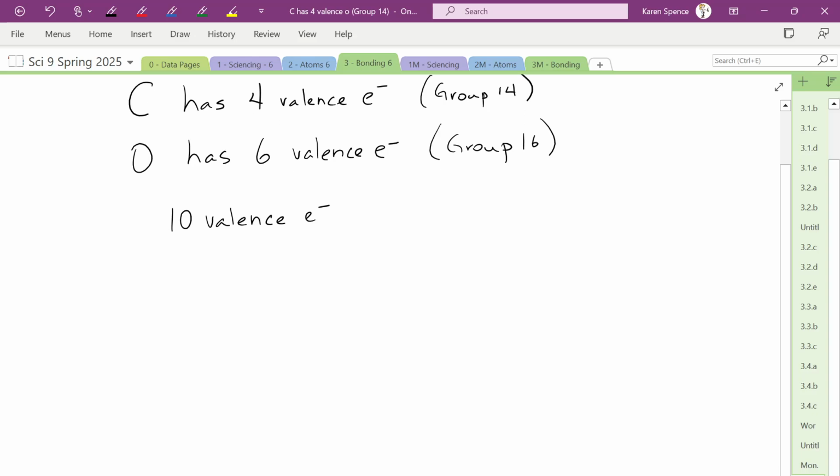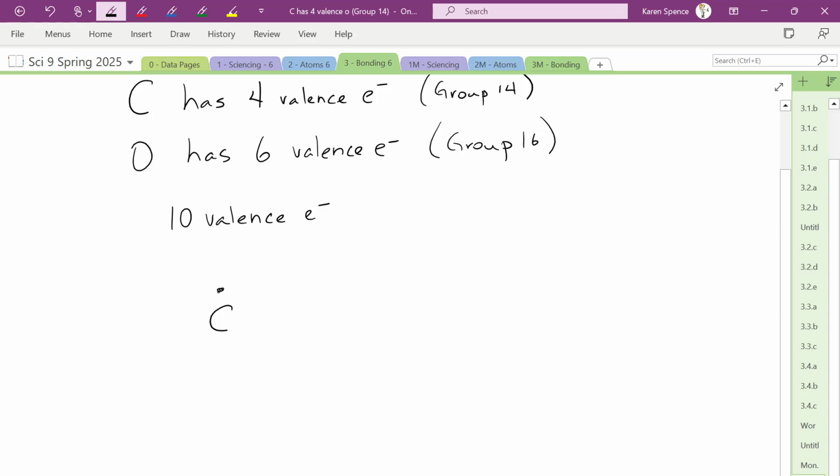So we have 10 valence electrons. All right, let's start by drawing carbon here. And it has 1, 2, 3, 4 electrons. And we have oxygen here, which has, and I'm going to draw these in red, 1, 2, 3, 4, 5, 6 electrons. I've gotten rid of the circles because I forgot that I'm doing this with grade 9s. So I'm going to put the circles back in. Sorry. My grade 11s are doing this right now too, but we just get rid of the circles. Okay, so there's our circle.